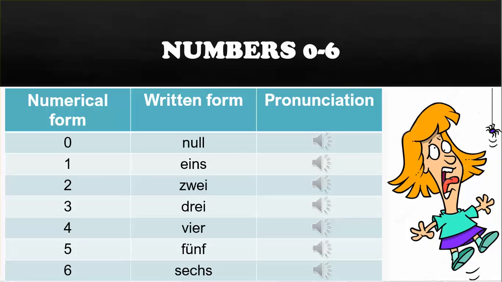So 0 in German is null. Then we have 1, which is eins. And then comes the number 2, which is zwei.